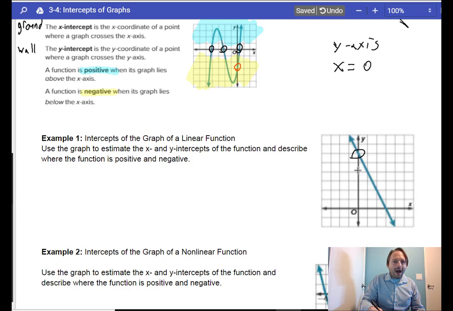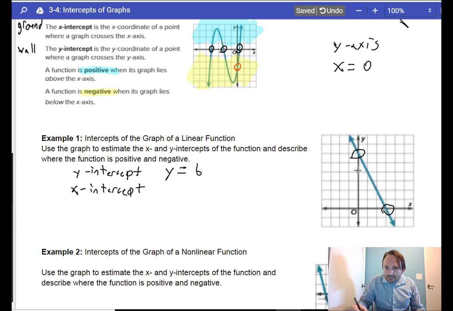So the y-intercept would be at y equals 6. The x-intercept, looking at this, would be right about here, where it is x equals 1, 2, 3.